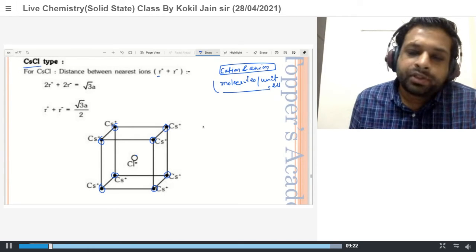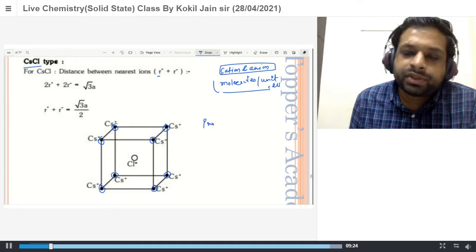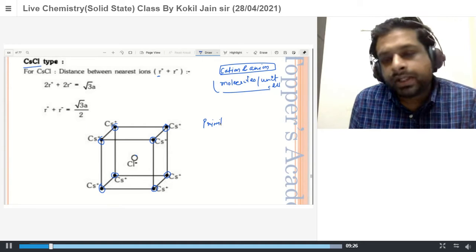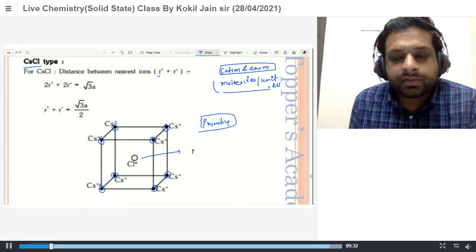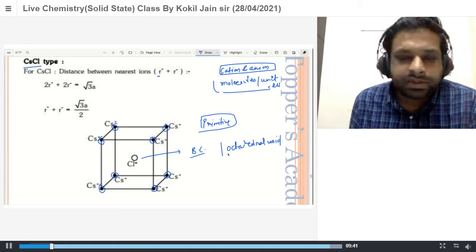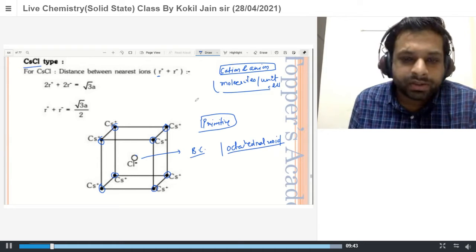It is a primitive structure you are seeing, and here chlorine is at the body center, which is also an octahedral void. This is how it is looking here.